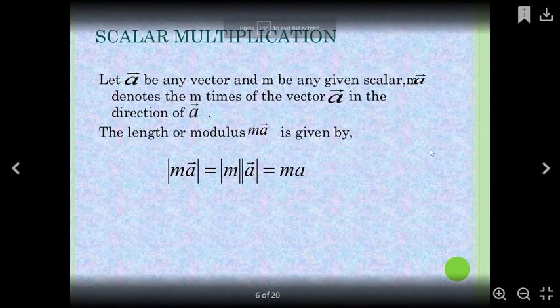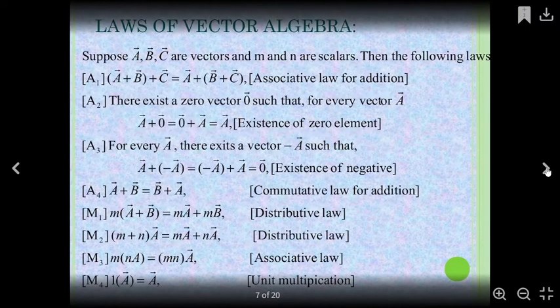Again, we know the laws of vectors. Suppose A, B, C are vectors and m and n are scalars, then the following laws hold. A plus B plus C is equal to A plus B plus C, the associative law for addition.